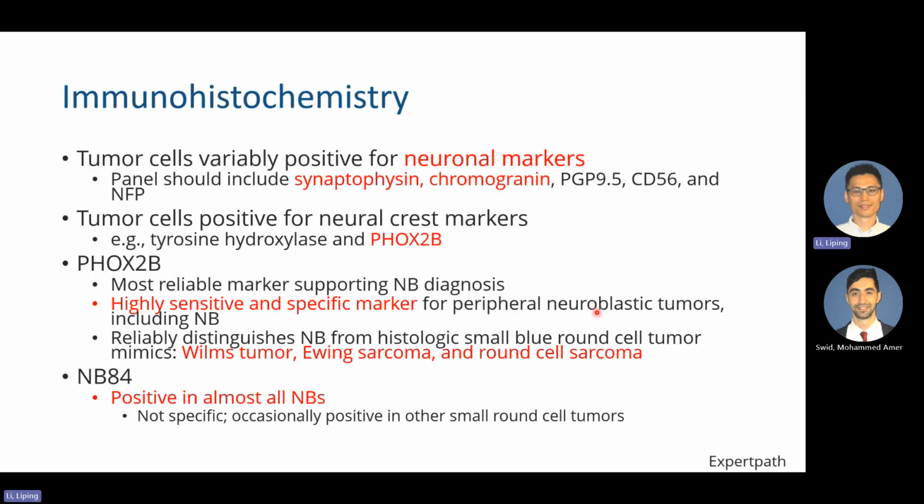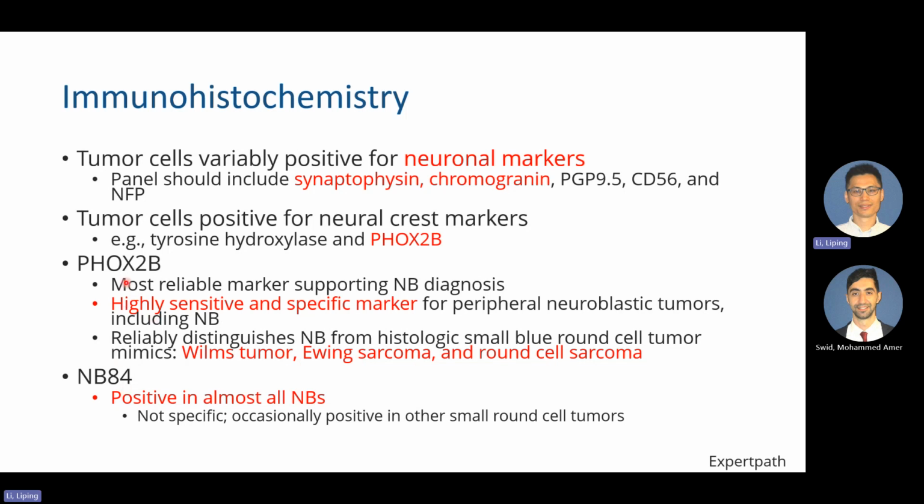Okay, let's continue. The immunomarkers for neuroblastoma, we have tons of them, but I searched our stock and we don't have these two. I just found these two in the expert path. They look like really good, with high sensitivity and specificity, especially in helping us differentiate from other small round blue cell tumors, but we don't have these two.